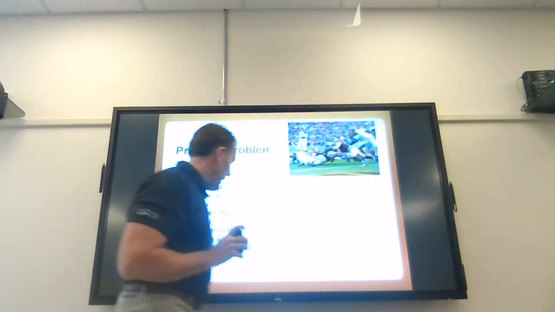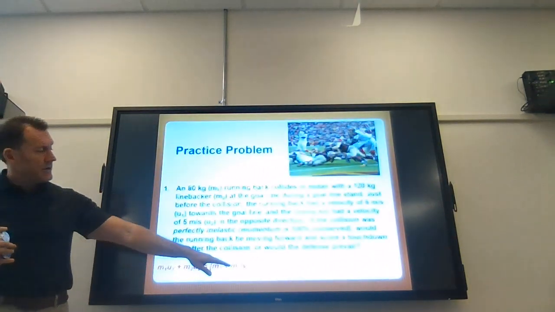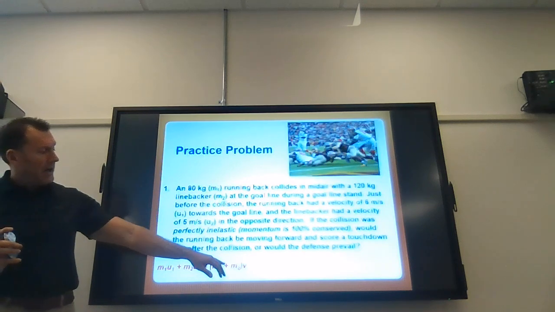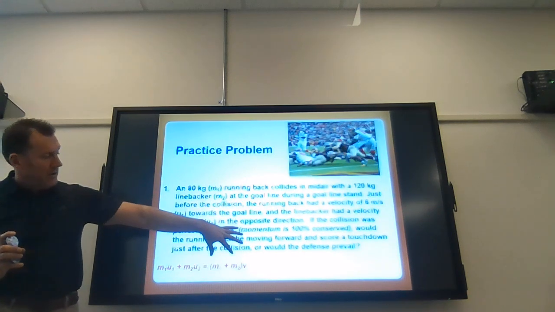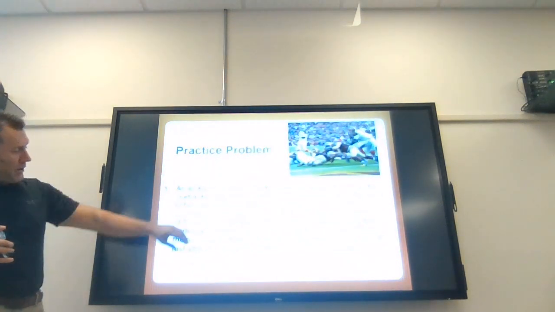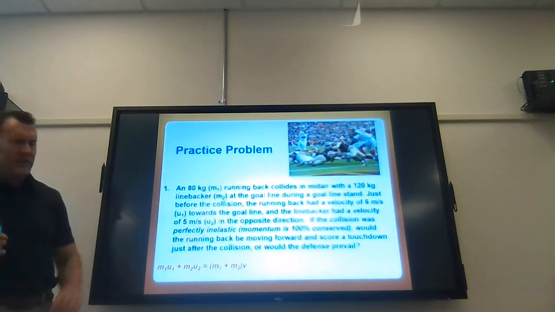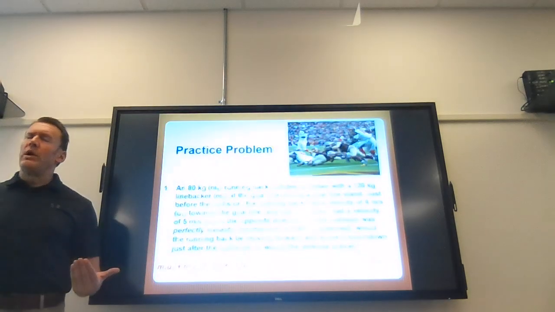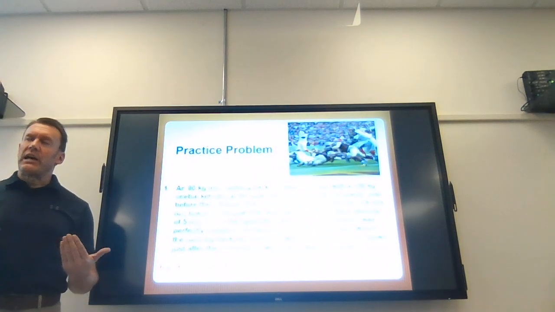Sure. So you'd add the masses here, so the running back and the linebacker would have a collective mass of 200 kilograms. And then we already calculated this part over here, and what did we say it was? Negative 120 kilogram meters per second.